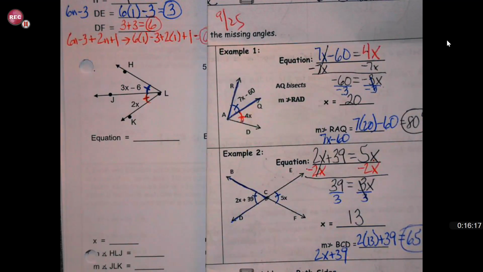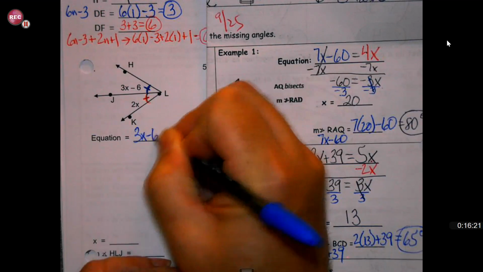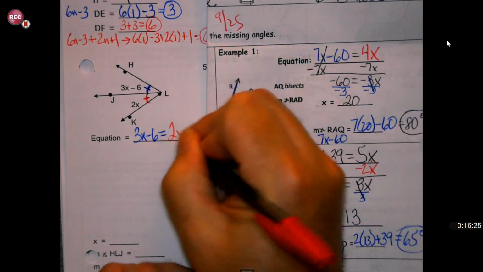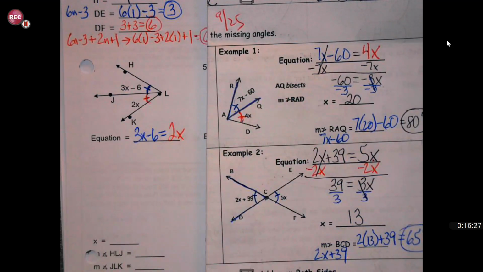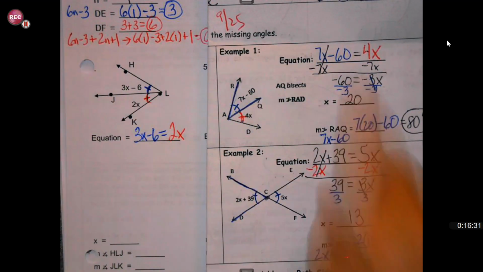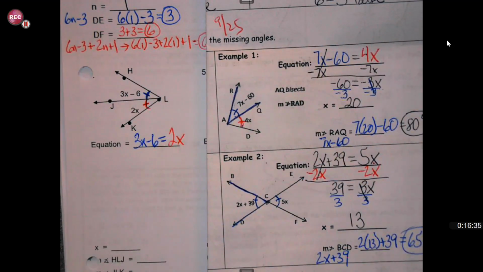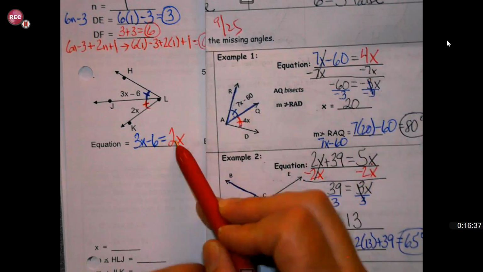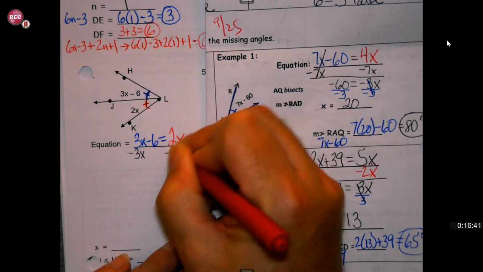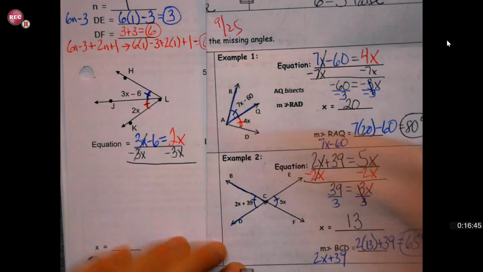And so we just wrote 3x minus 6 equals 2x. Okay, we're just setting the blue and the red equal. And we're just going to exactly follow what we see here. Okay, I got all the x's to this side, so that'd be a minus, because again, I got a positive, I do the opposite.